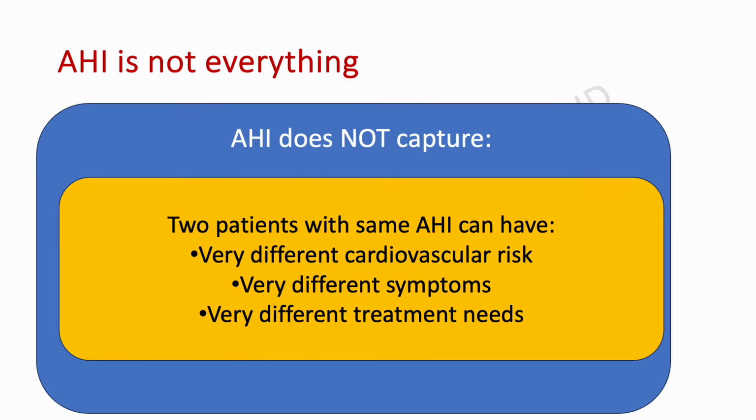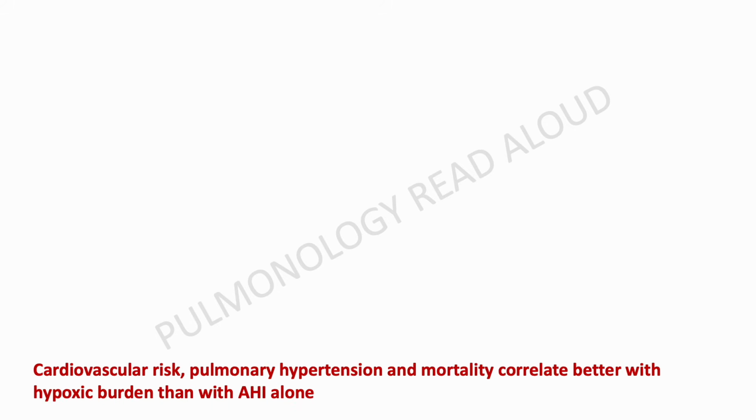So, two different patients with the same AHI can actually have very different risk factors, very different outcomes, very different treatment needs. So your PSG report has to guide what the next intervention should be.